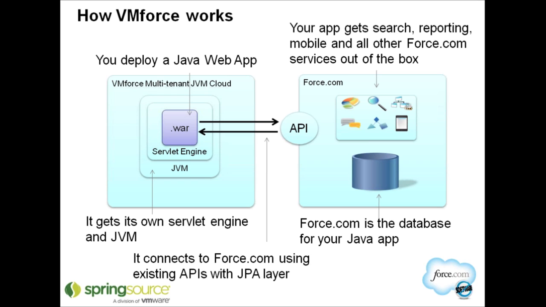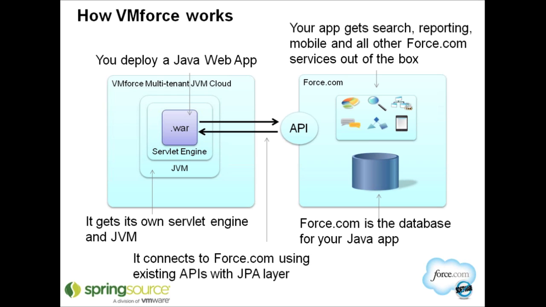Now Force.com developers and Java applications can take advantage of it via this connectivity that we'll go through in a bit more detail called JPA, which is the Java Persistence Architecture. That allows you, if you're a Spring developer, to call into Force.com and access the Force.com database to get abilities that are inherent in the platform: searching, reporting, mobile, all those abilities that you have there.